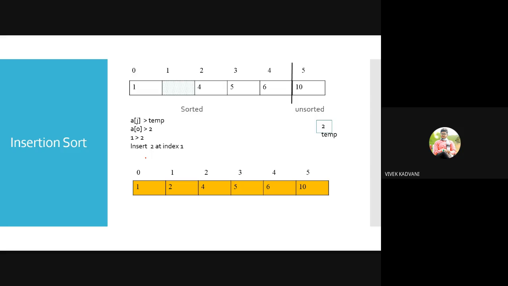Then again take the second position and the third position. Compare both. If the third position is greater, then keep it as it is. Next compare the third and fourth position, and perform the same for all elements.